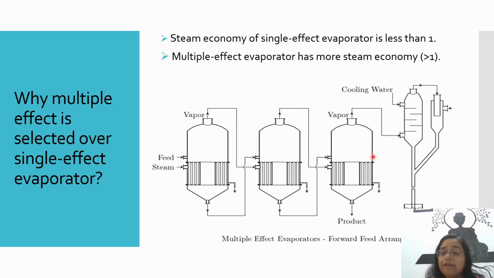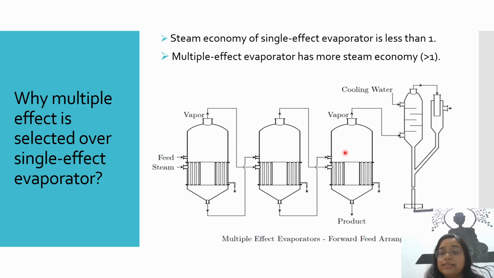Again in effect 3 evaporation will take place and ultimately we will collect the concentrated liquor as the product from the bottom of the evaporator. Whatever vapor is collected will be further processed. So here we can see that we are feeding steam only once in effect 1, but we are using it for the consecutive three effects.